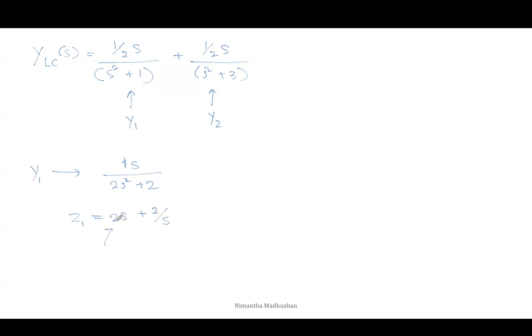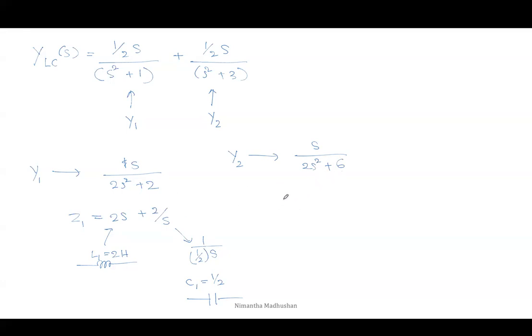This is more like an inductor with a value of 2 Henry. For this one, I can rewrite 1 over (2/s)... 1 over 1/2 s. It is a capacitor, with a value of half. Then I consider Y2. It is s over 2s squared plus 6.